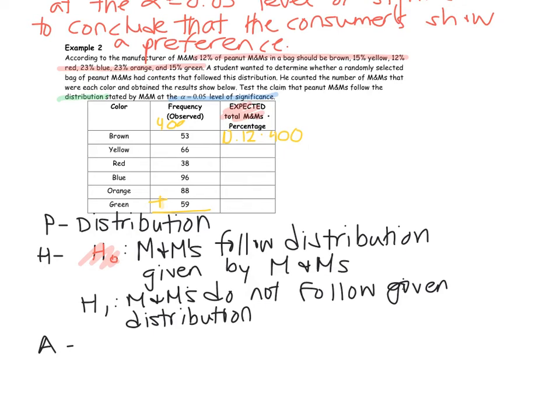Let's see, 15% are yellow, 12% are brown, 12% are red, 23% are blue. I got confused.